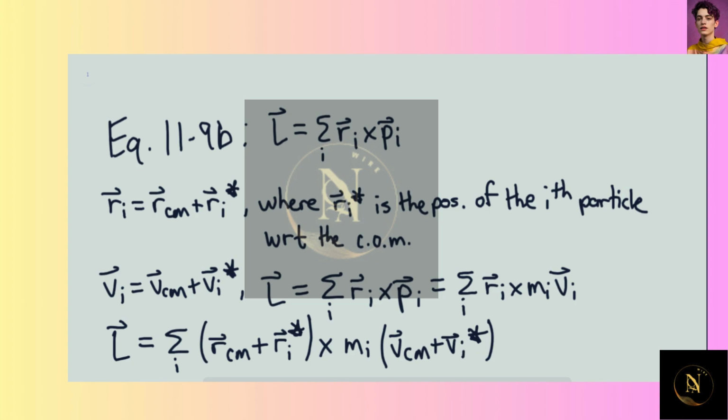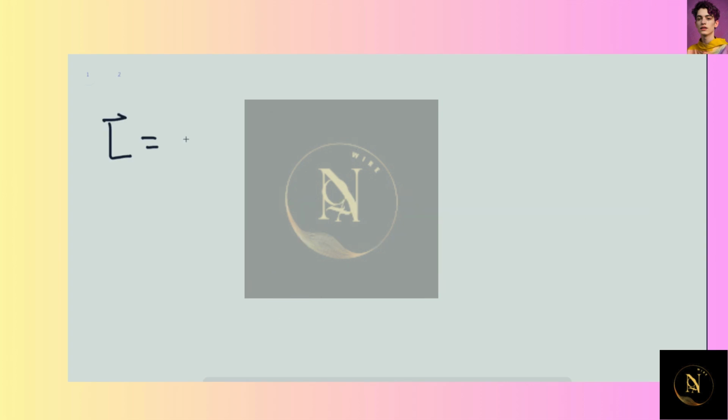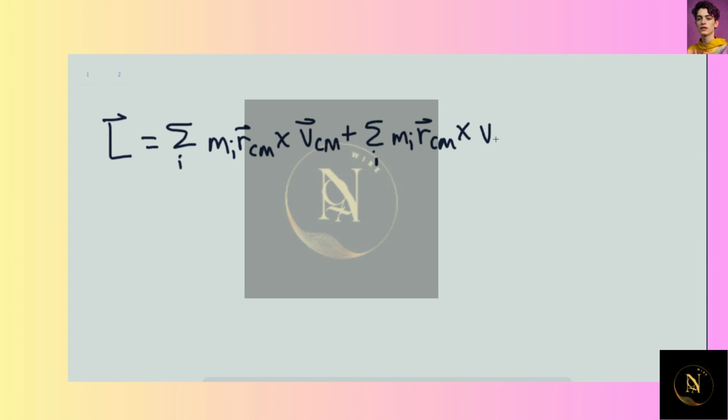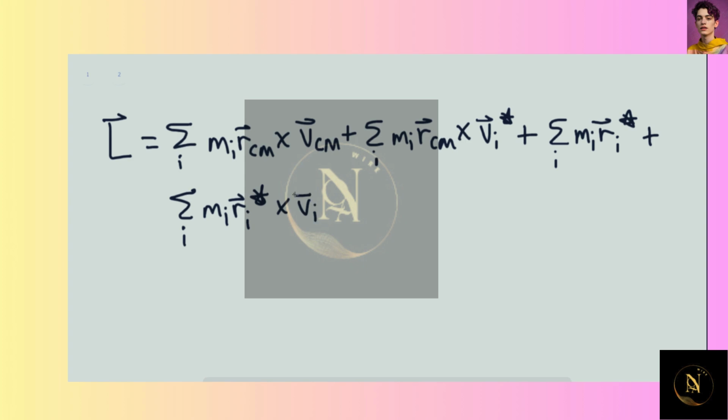And so now we can say that this is going to be equal to the sum of m sub I r sub cm cross product with v sub cm, plus the sum sub I of m sub I r sub cm cross product with v sub I star, plus the sum sub I of m sub I r sub I star cross product with v sub cm, and then again plus the sum of m sub I r sub I star cross product with v sub I star.